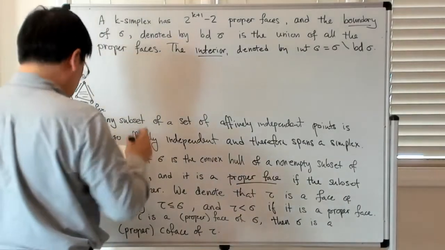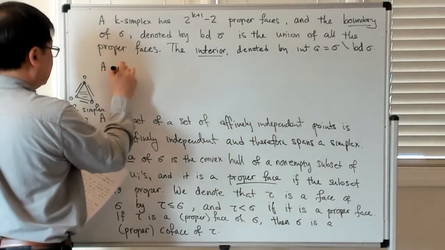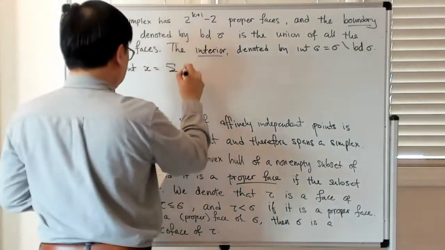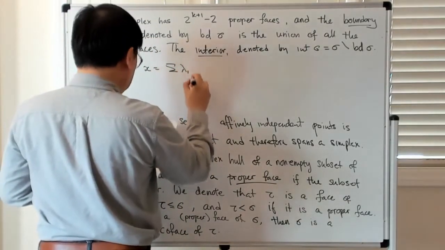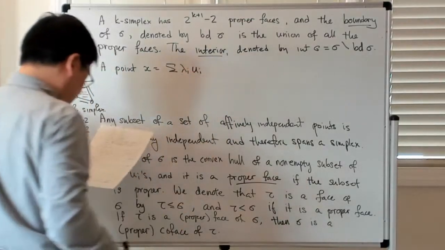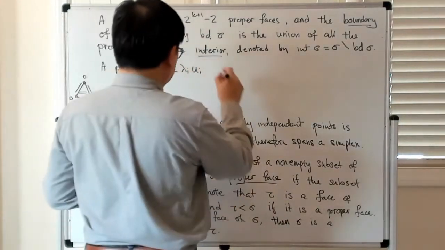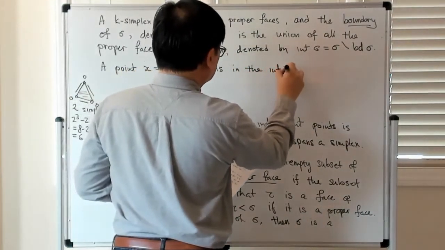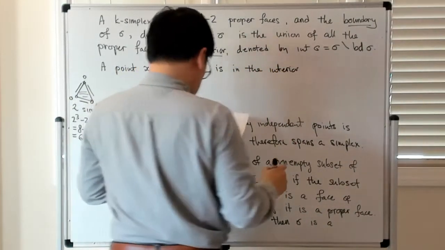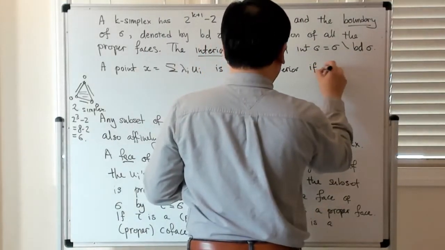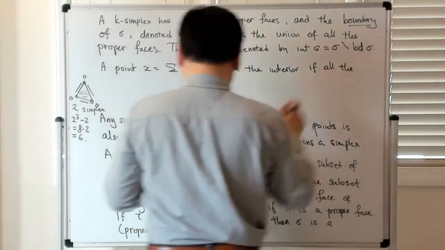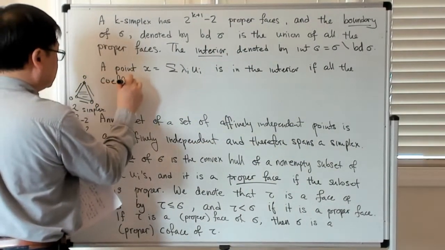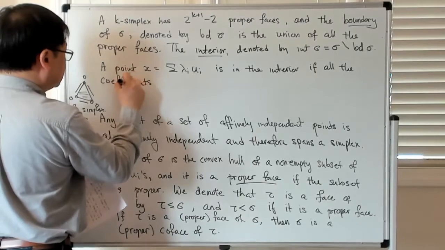A point x, which is this convex combination, sum of lambda i u i, is in the interior if all the coefficients are positive.